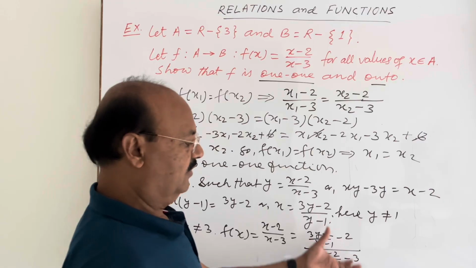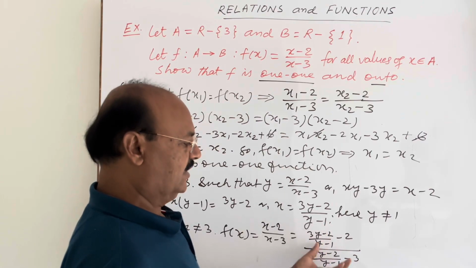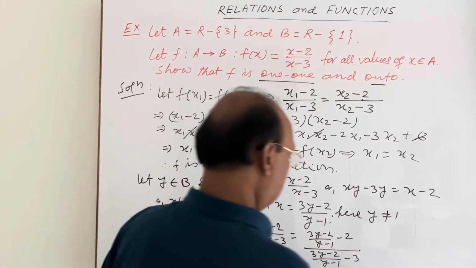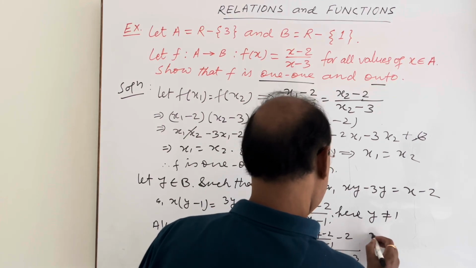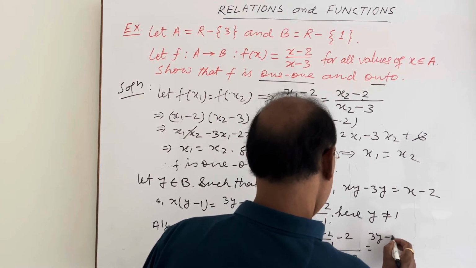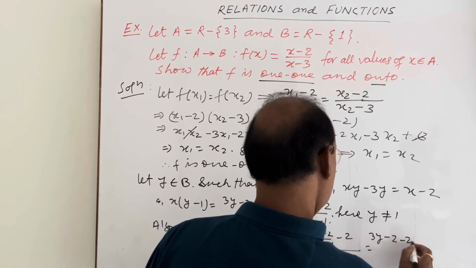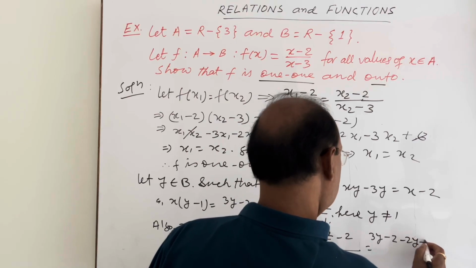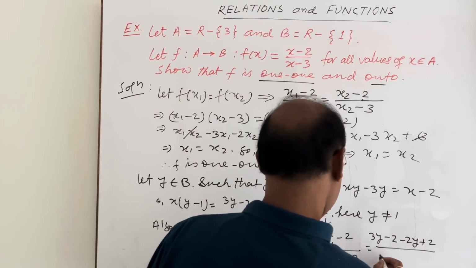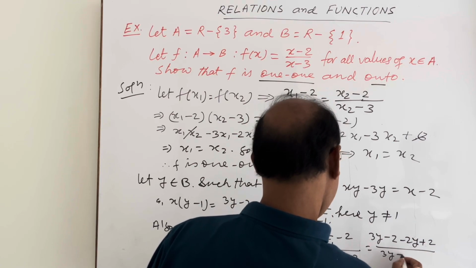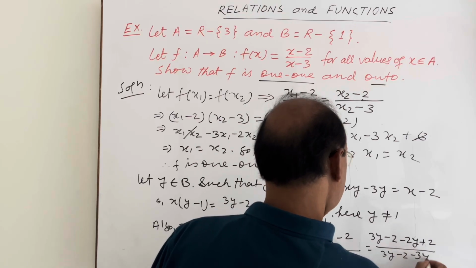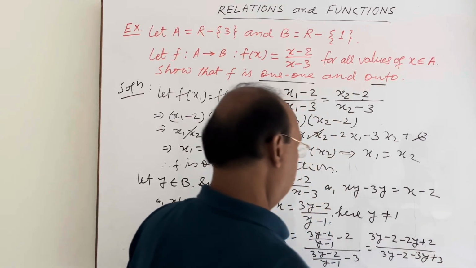When we simplify it, the simplification is very simple, because this can be written as (3y minus 2 minus 2y plus 2) upon (3y minus 2 minus 3y plus 3).